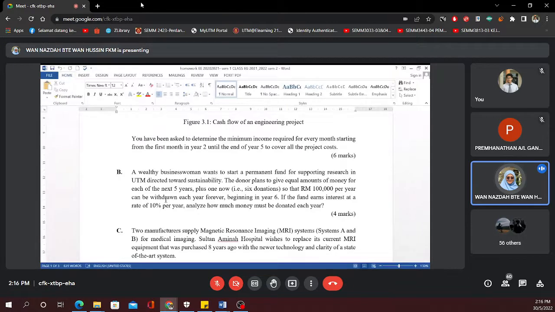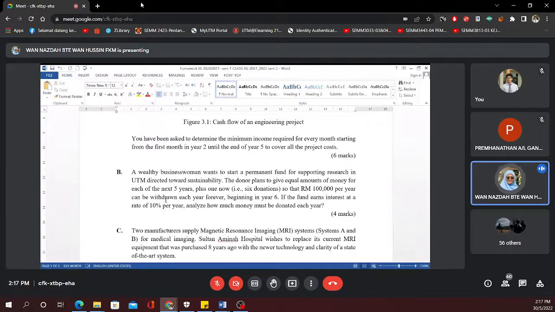So this is a capitalized project. This 100,000 can be withdrawn beginning year 6 towards n equals to infinity. If the fund earns interest at rate of I equals to 10%, how much money must be donated each year starting year 0 up to year 5?